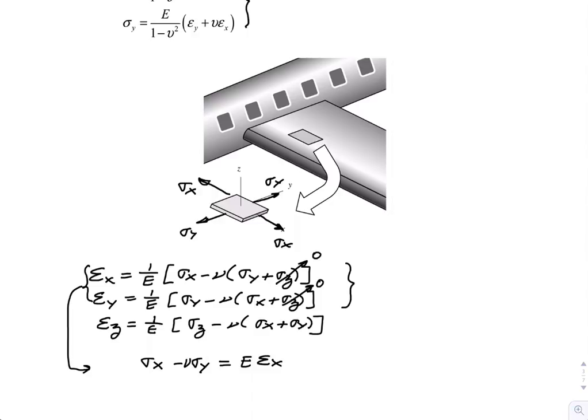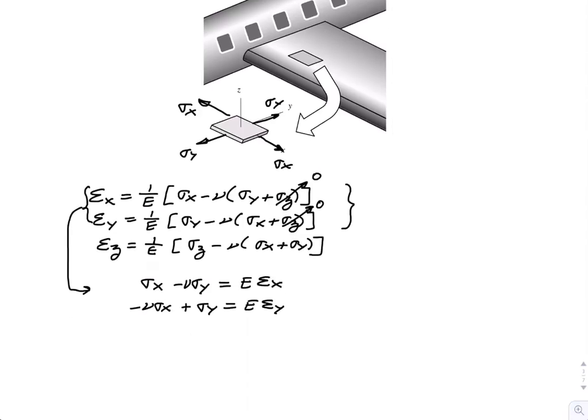The second equation says that I have minus nu sigma x plus sigma y is equal to E times the strain in y. So this is equation 1, this is equation 2.